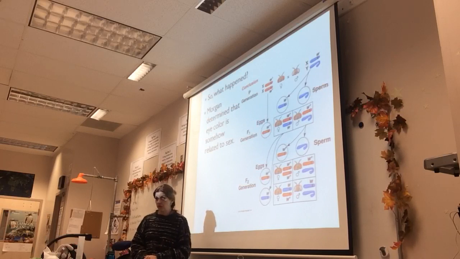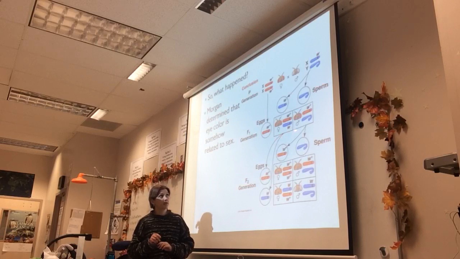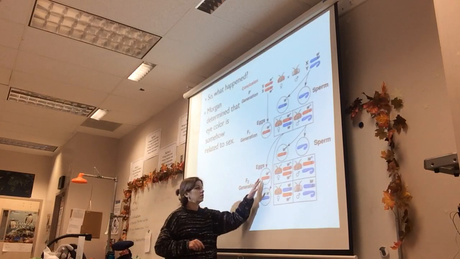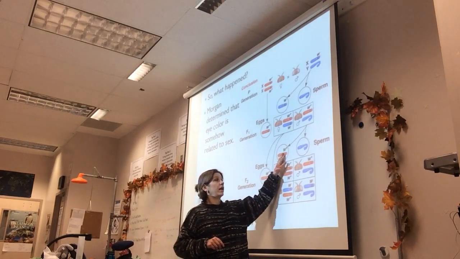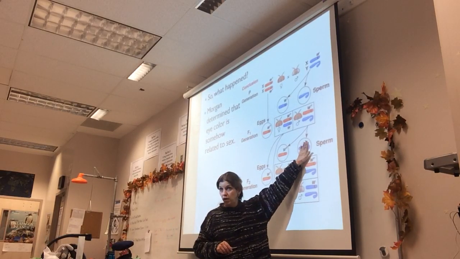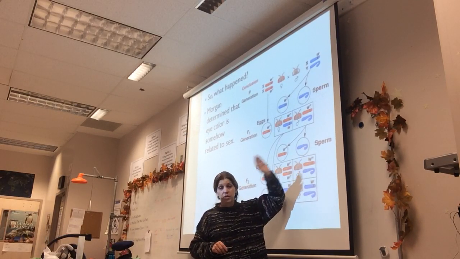In the F2 generation, though, we let the brothers and the sisters mate, right? So the sister makes her eggs, and we end up with these two, red eyes, white eyes, and then Dad, red eyes, and then Y, boy. This is what we have.